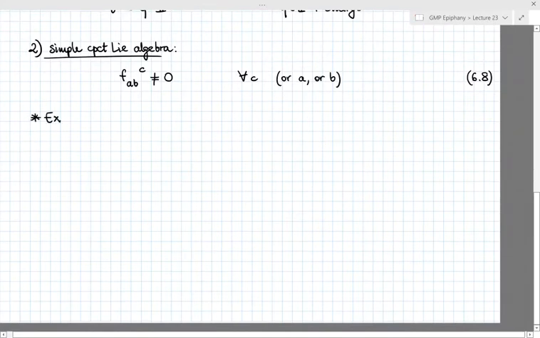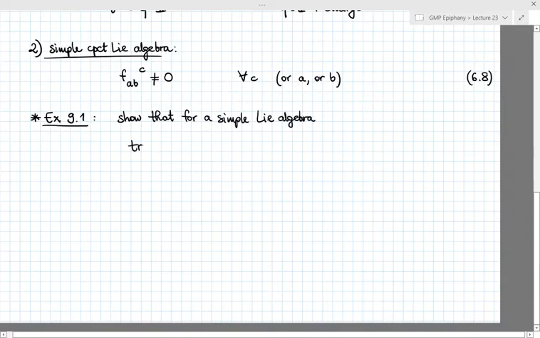Well, this is the first part of exercise 9. I ask you to show that for a simple Lie algebra, the generators are traceless in any representation.